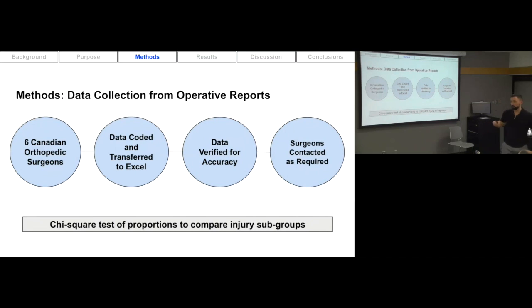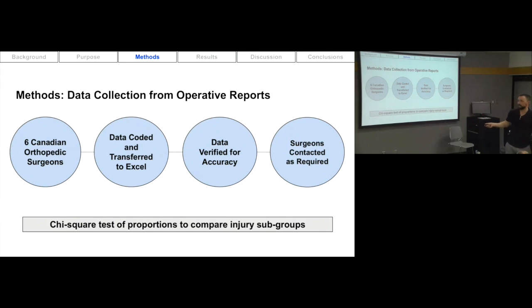The data, we sat down with a medical professional who was expert in this area, who helped us look at the actual operative reports to code the pattern of injury. This data was then transferred into Excel. We then had a second researcher who sat down and independently went through the operative reports and made a recording of what was found so that we could compare for accuracy.